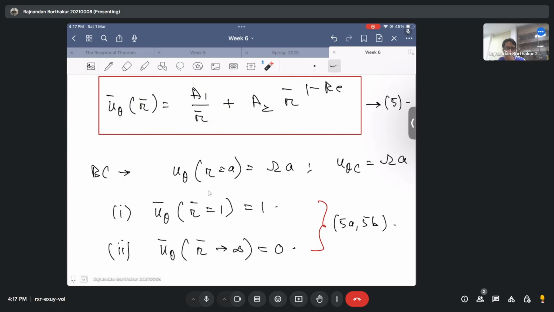That's the first thing. So I hope you understand. Since I know that when r bar goes to infinity my velocity is bounded, but for Reynolds number less than 1 this term blows up, the only way to control this term and keep the velocity bounded and finite, in fact equal to 0, is that I must have a2 equal to 0.